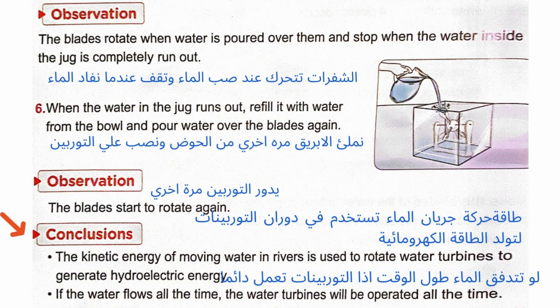The conclusion here: the kinetic energy of moving water in rivers is used to rotate the water turbines to generate hydroelectric energy. If the water flows all the time, the water turbines will be operated all the time. So the water turbines need water flowing on them all the time to be operated.